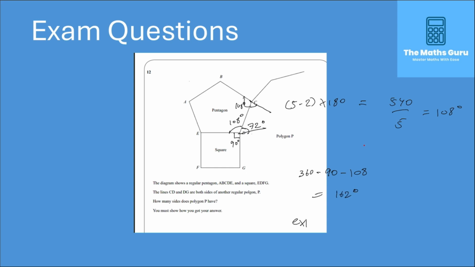And then our exterior angle of P is equal to 180 minus 162, which is equal to 18. Then 360 divided by our 18 gives us our n, the number of sides, which is equal to 20. Yeah, that's the end of the answer.